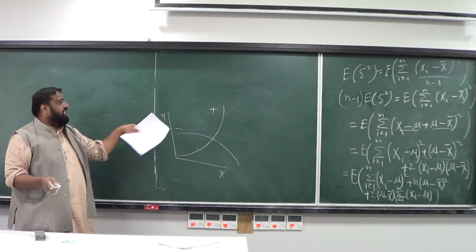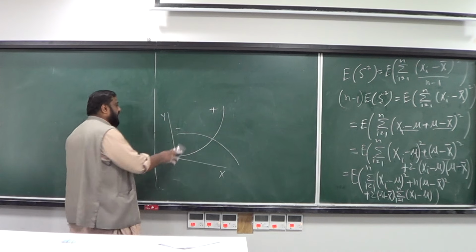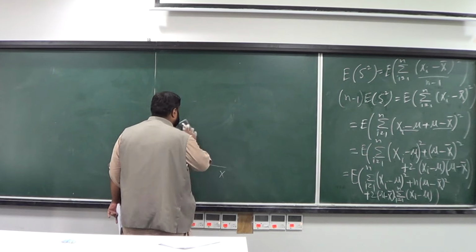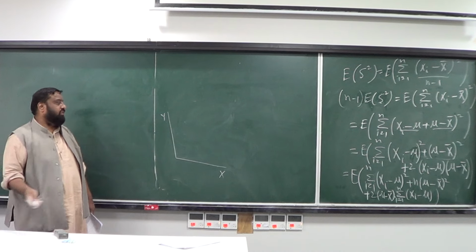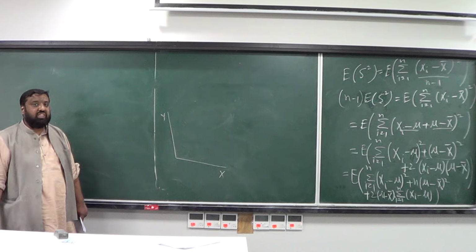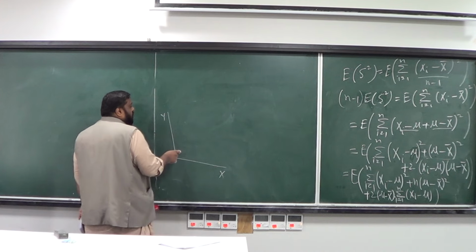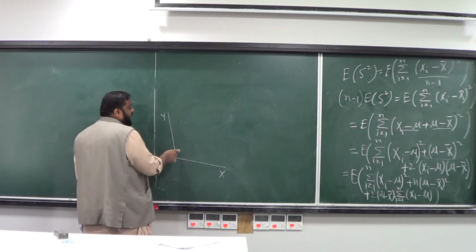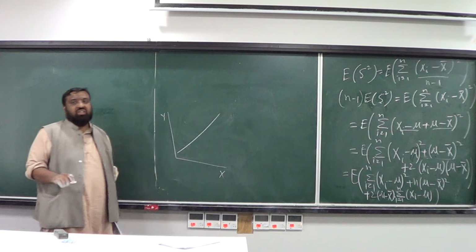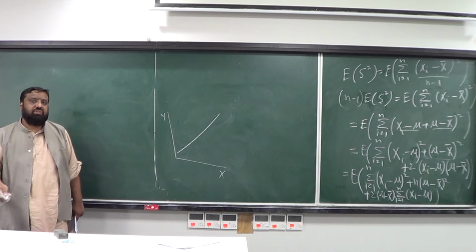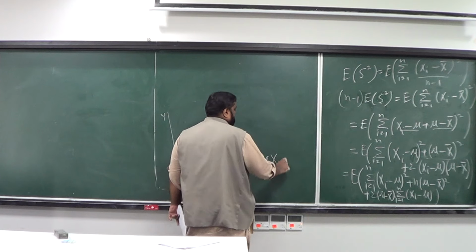This relation can be represented by a curve. But there is another thing that can represent a strict relationship between x and y. That is, x and y can have a linear relationship between them, in other words, y is like ax plus b.